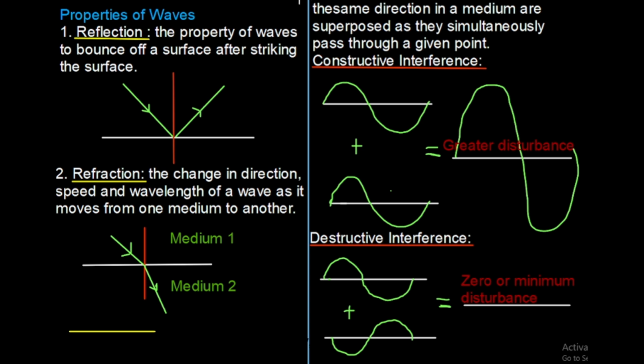Now we'll be talking about the properties of waves. There are 5 basic properties of waves. We have reflection, refraction, interference, and then we also have diffraction.